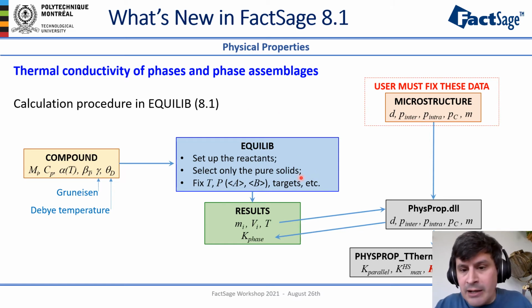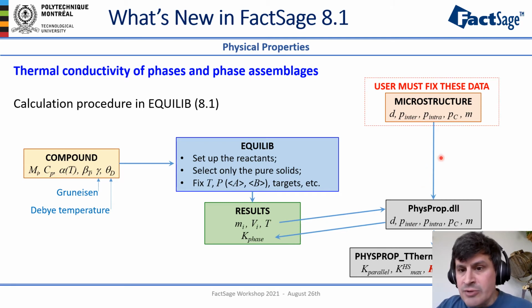And once you click on Calculate of Equilib, it's going to the compound module and retrieving all the important information for the computation of phase equilibrium and the thermal conductivity. And it's outputting the mass, the volume of the phases and their temperature and pressure. Then the FISPROP DLL is called by Equilib with the information about masses, volumes, and temperature of the phases.